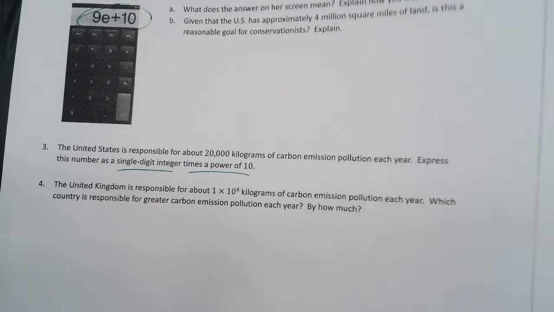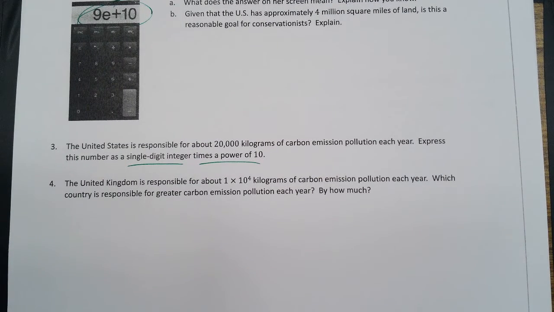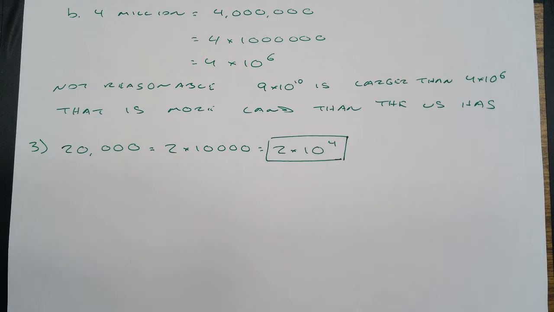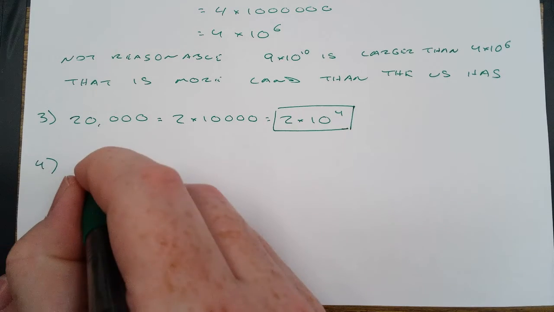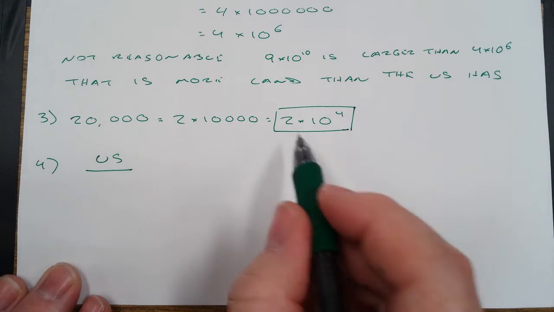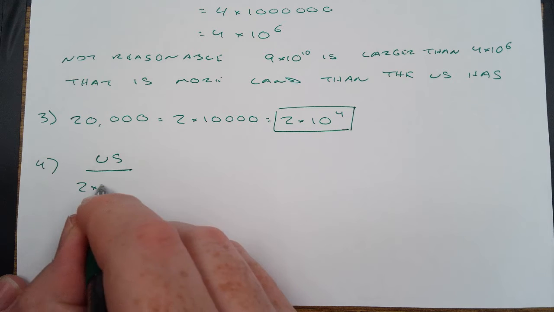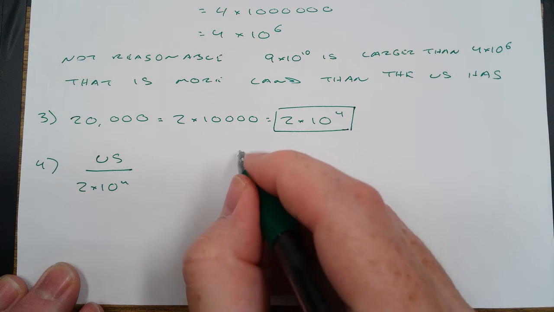Now, number 4 is saying the United Kingdom, or the UK, is responsible for 1 times 10 to the 4th kilograms of carbon emission pollution each year. Which country is responsible for greater pollution each year, and by how much? So number 4, the US, we solved in number 3, 2 times 10 to the 4th.